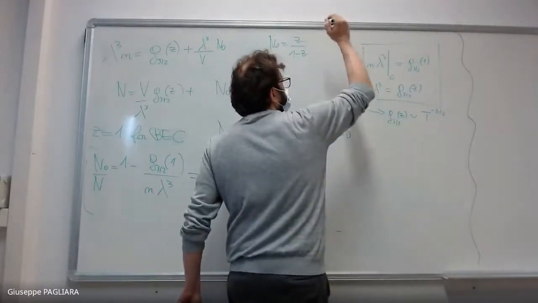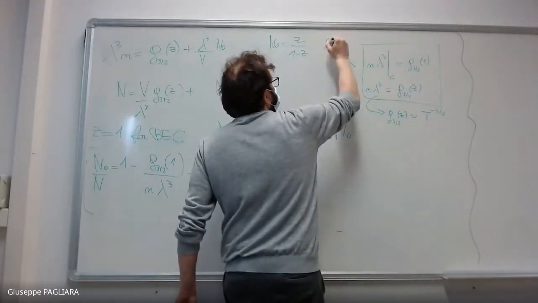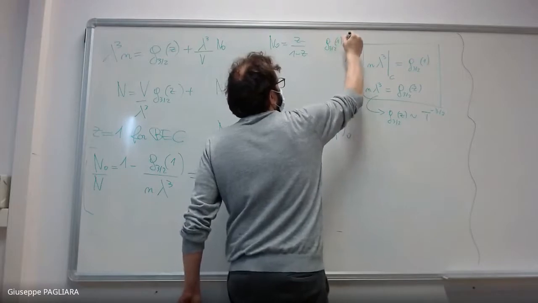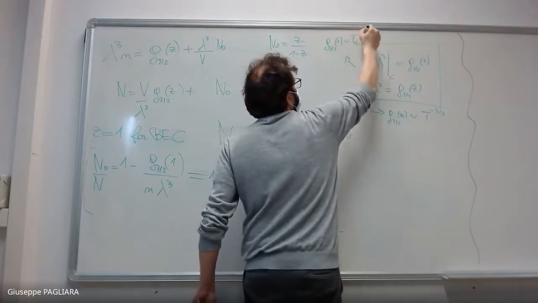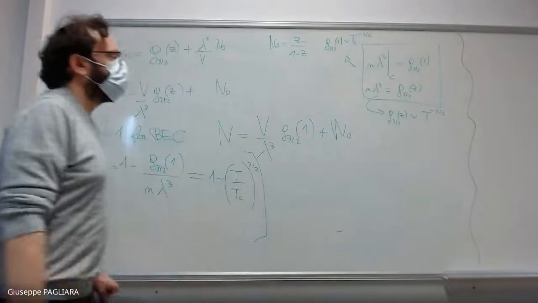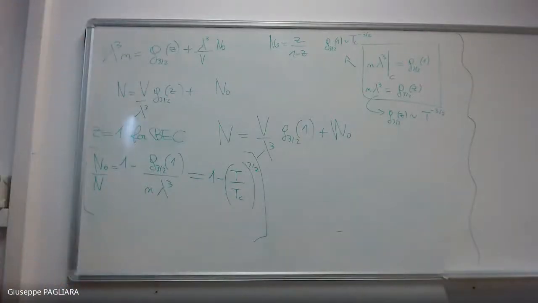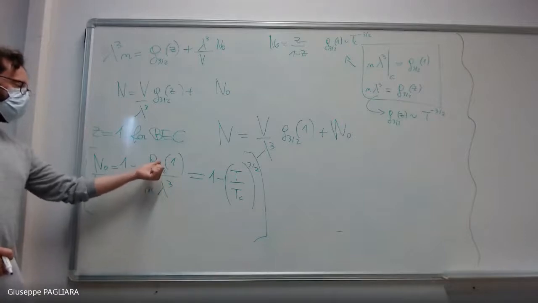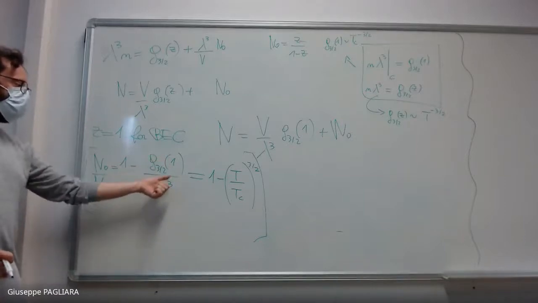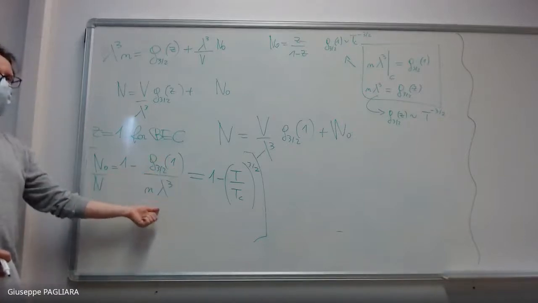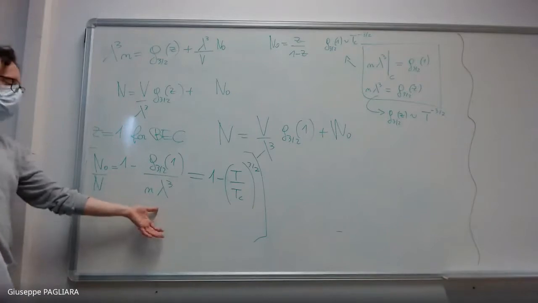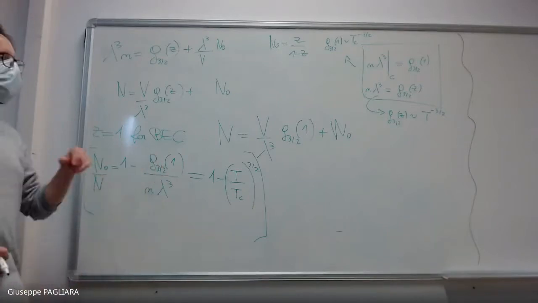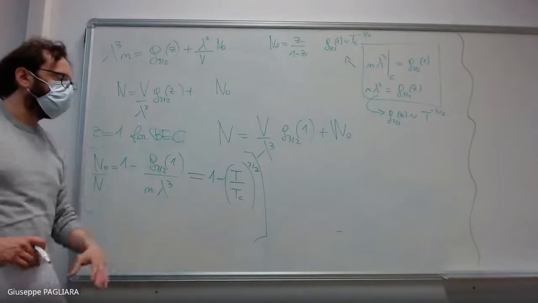Whereas from here, I see that g_{3/2}(1) scales as T_C to the minus 3/2. Okay. And the coefficients are the same since I'm computing ratios between the same function basically, but one is computed at 1 and the other one is computed at general z. Okay? Therefore, I get the ratio between temperature and critical temperature.